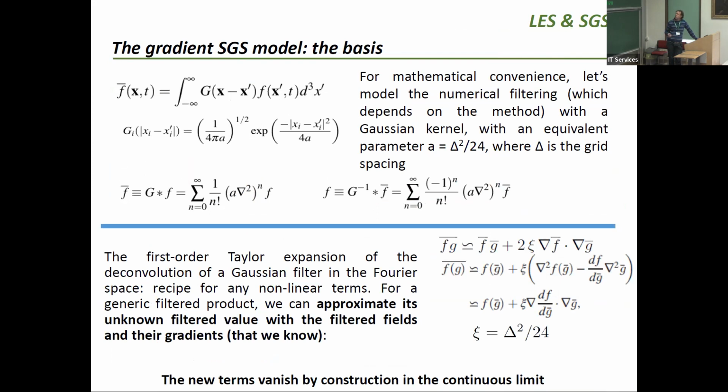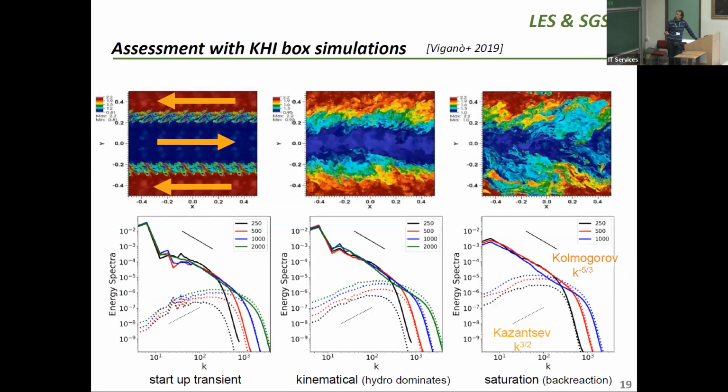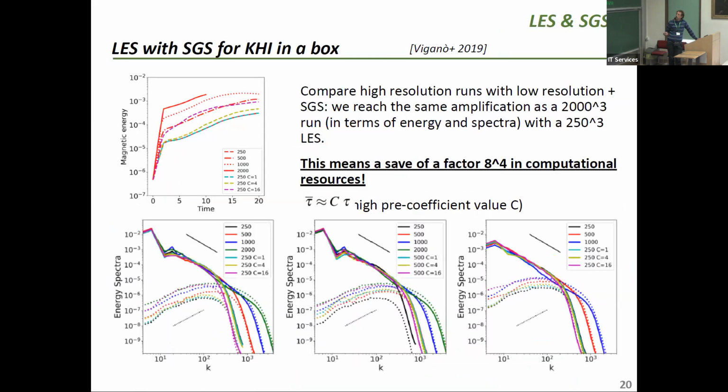We did it because we were seeing that we needed to put a quite high value of C, and we said, okay, maybe we are losing the following orders. We tried it and it didn't improve. You'd think at some point you run into problems if you repeat this over and over again. We didn't get any instability, but we didn't see any difference basically with including only the first order.